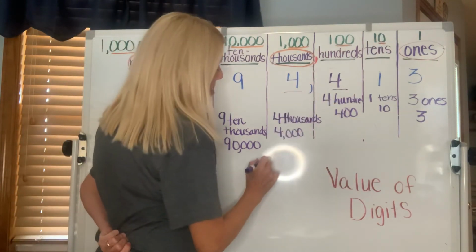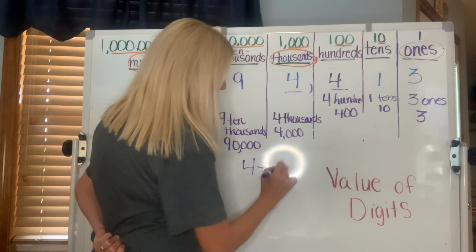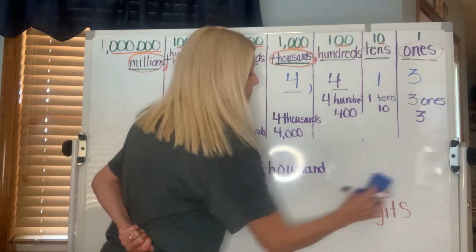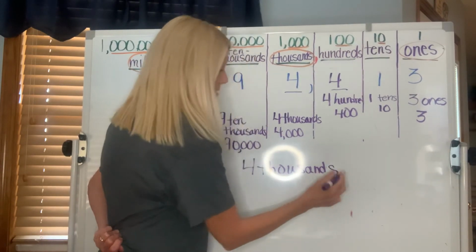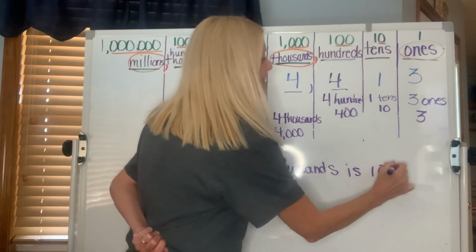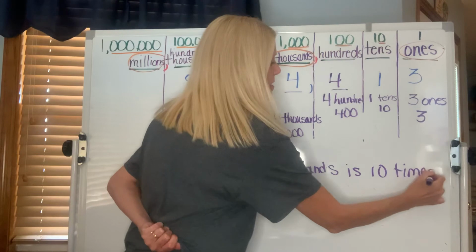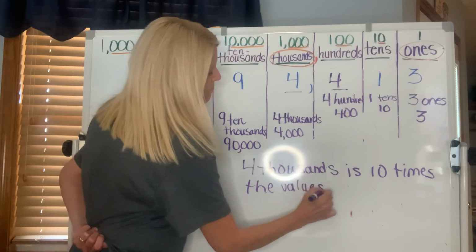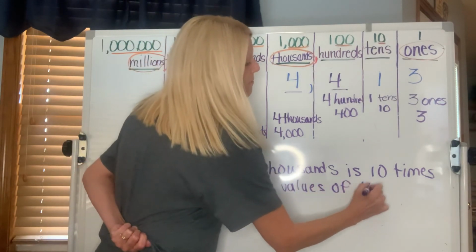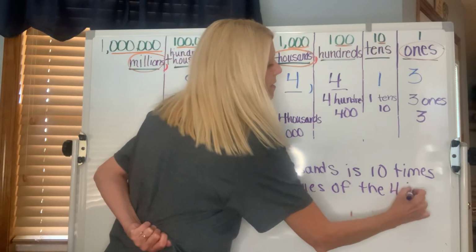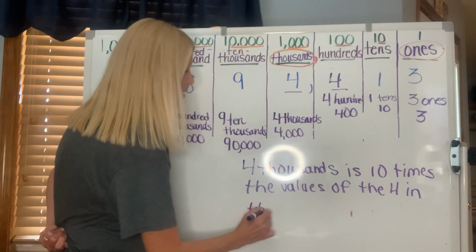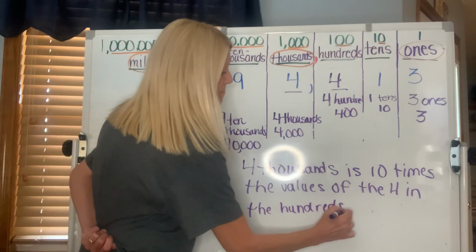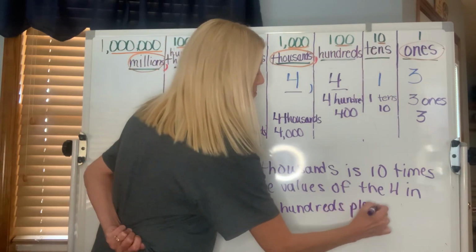The 4 in the thousands place is 10 times the value of the 4 in the hundreds place.